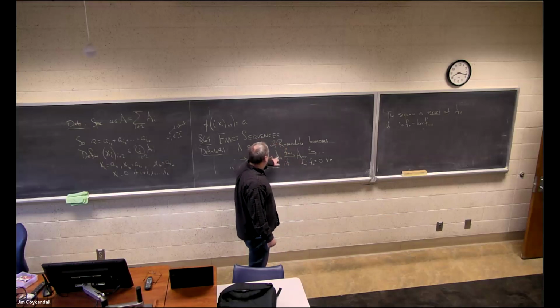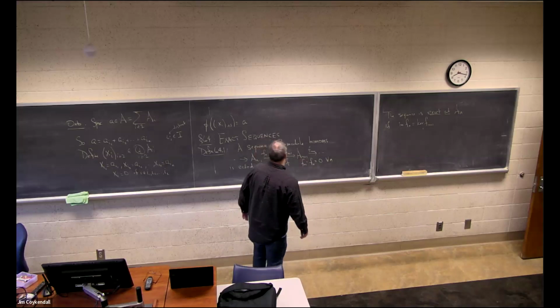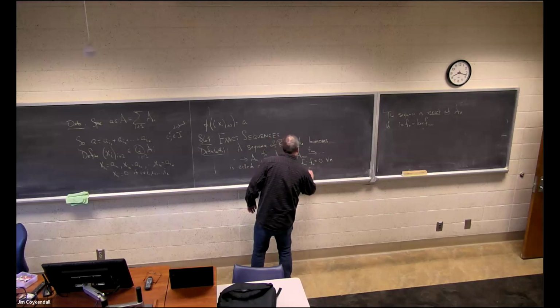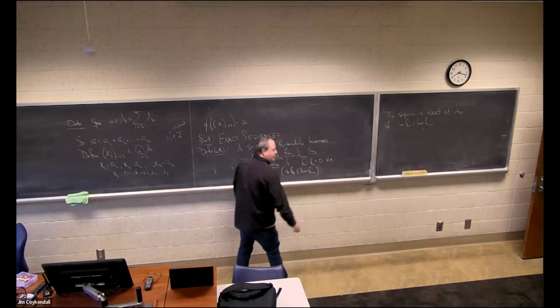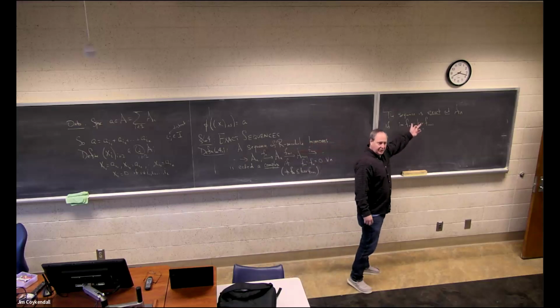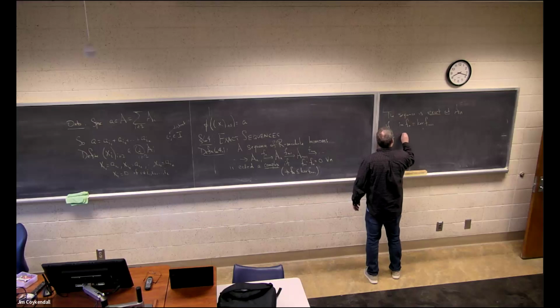It means when I go twice in a row, I get zero. So that means the image of Fn is contained in the kernel, right? When you get equality, you say it's exact at An, and the sequence is exact.